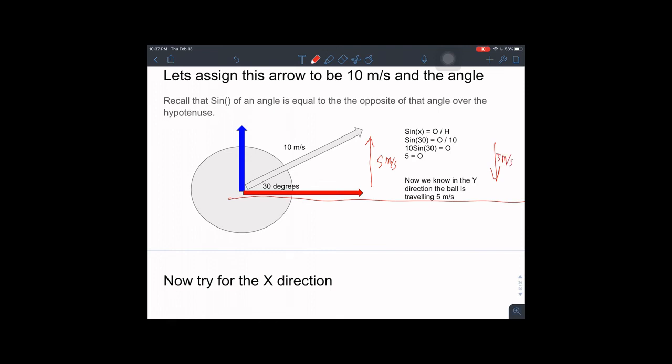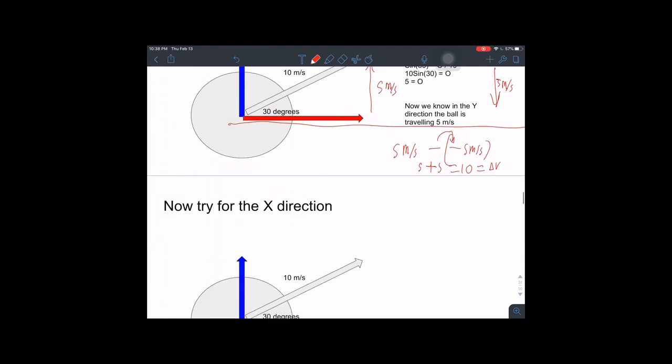But remember, it's coming down, so it's negative. 5 meters per second minus negative 5 meters per second gives us our delta velocity. 5 meters per second minus a negative, we simply distribute the negative. 5 minus negative 5 becomes a plus, 5 plus 5. Our change in velocity is simply 10 meters per second.